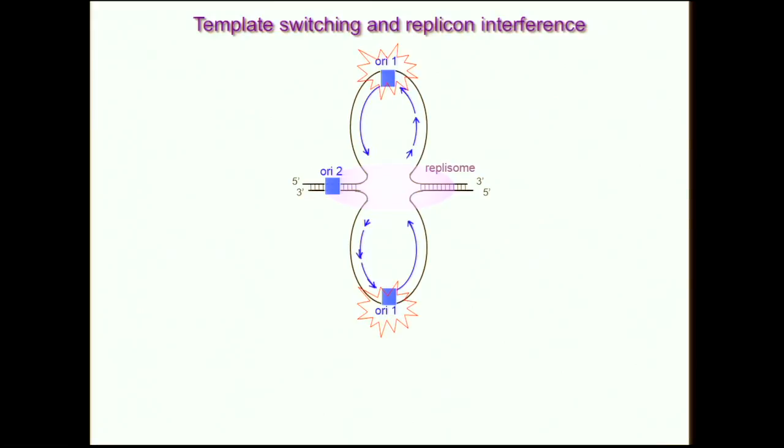So at this point, we had a model: we suspected that the way to create this macrotein chromosome is template switching during replication.